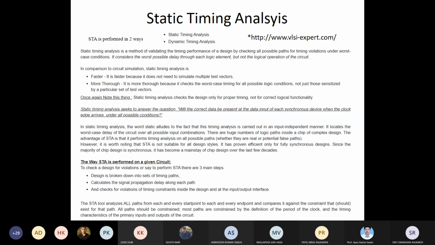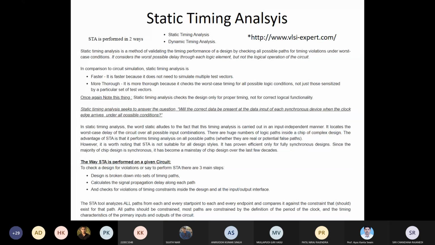In comparison to other methods, static timing methods are faster and more thorough. Because when you are checking only operations or functionality through dynamic timing analysis, the best way is that you have to give all possible input combinations and check the output, which is sometimes a tedious thing.